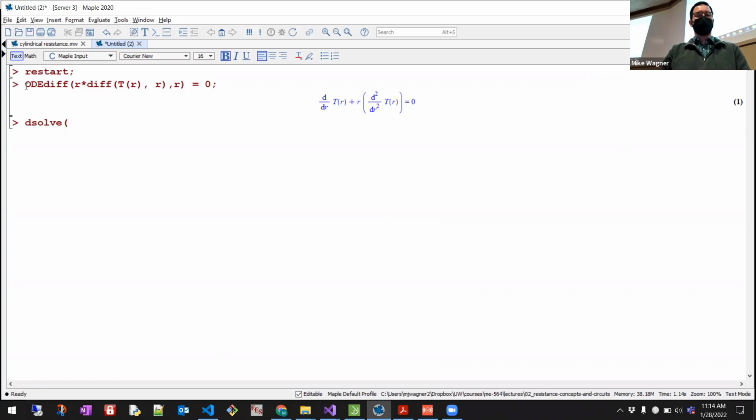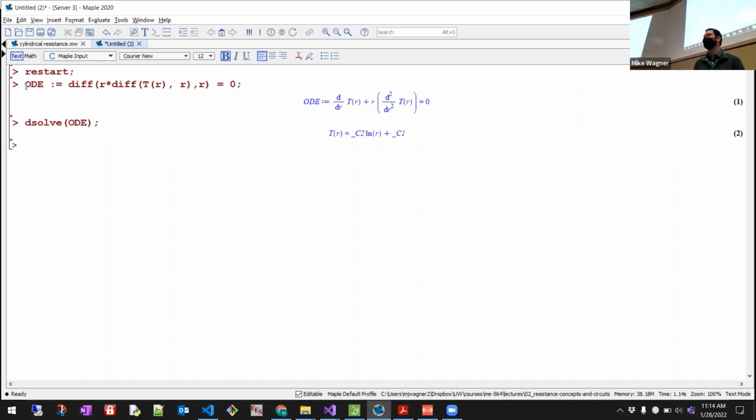If we call it ODE, we can assign it using this operator, colon equals. Colon equals assigns that expression to this name, ODE. So ODE is now that. So we're going to dsolve ODE. dsolve ODE returns our solution, just like that.